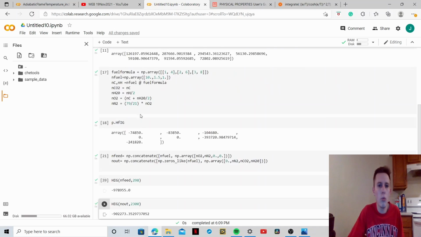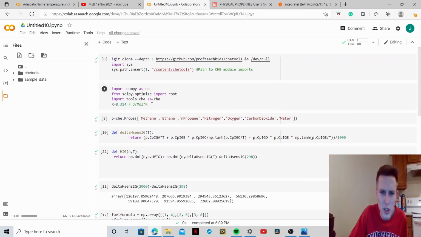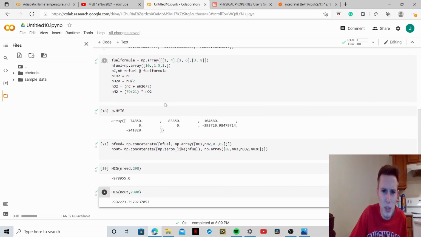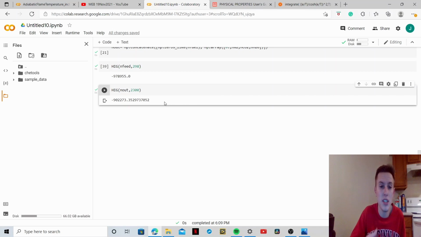The whole point of me fixing this earlier, importing this root here, is that we can create a function that's going to allow us, instead of guessing and doing trial and error, to solve for the exact flame temperature that we're looking for, and get these to match up.